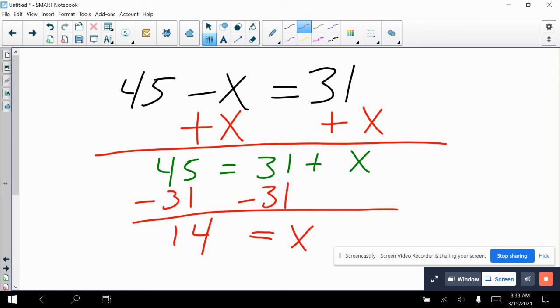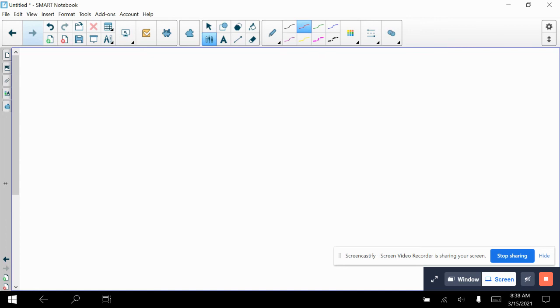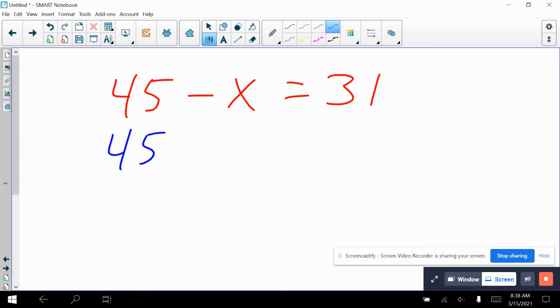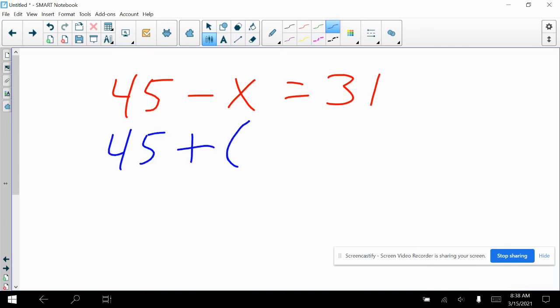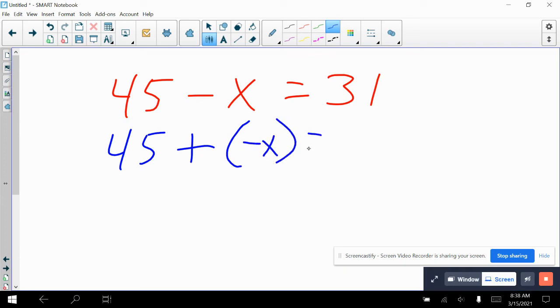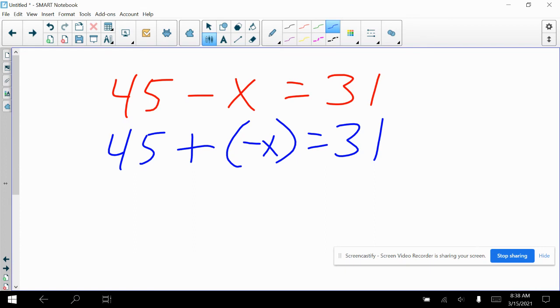Does everybody understand that? Let me rewrite this again. Does everybody understand how this is negative? In the world of mathematics, you should have learned in elementary school, right? Didn't you turn a subtraction problem into an addition one, right? I do believe.